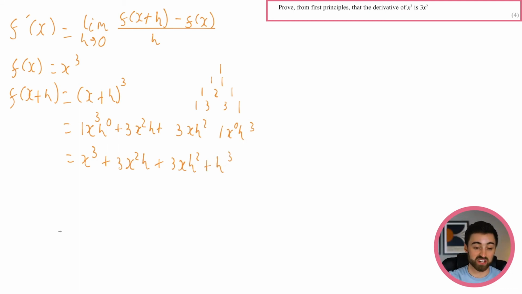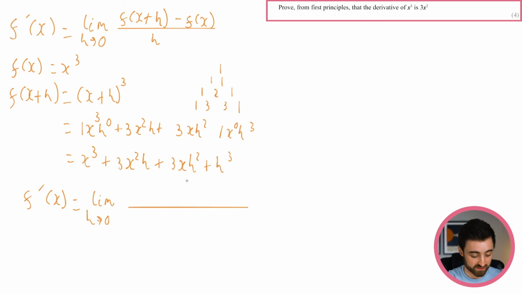Stick it into the fraction and you should be laughing. So I am going to get all of this. Because I'm lazy, I'm going to copy and paste it. I'm going to have minus f of x, so that's minus x cubed, all over h.